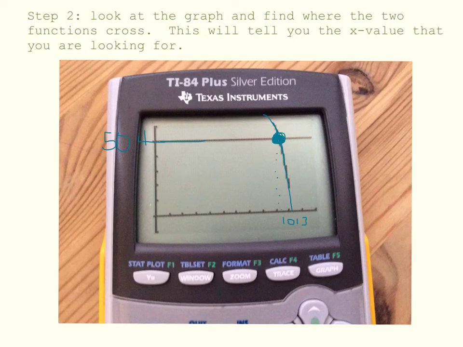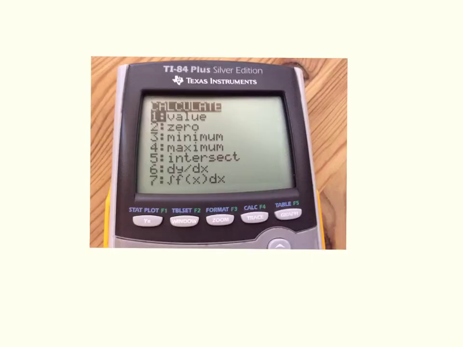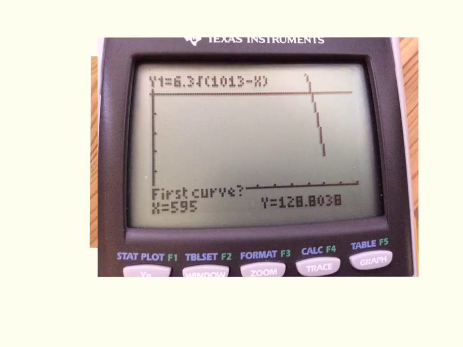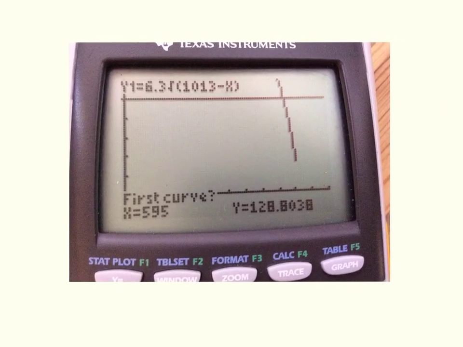And so to find that, you hit second calc intersect, which is right here. It's going to ask you what's the first curve that you want, and it's going to put it on y1, which is this, so you can hit enter. And then it's going to ask you what the second curve is that you want.